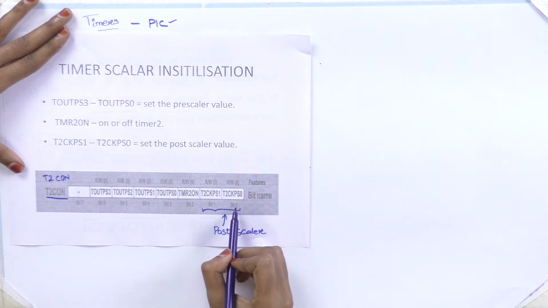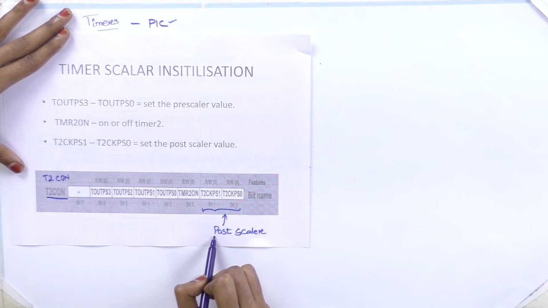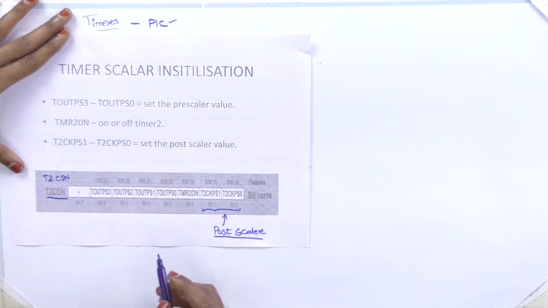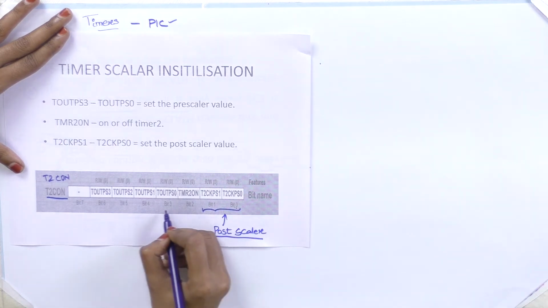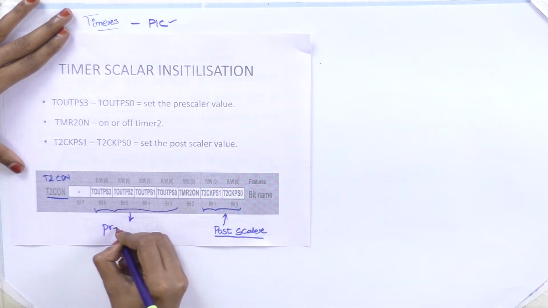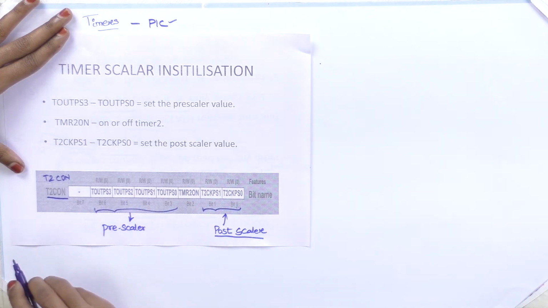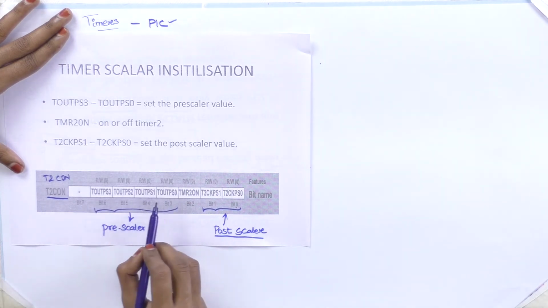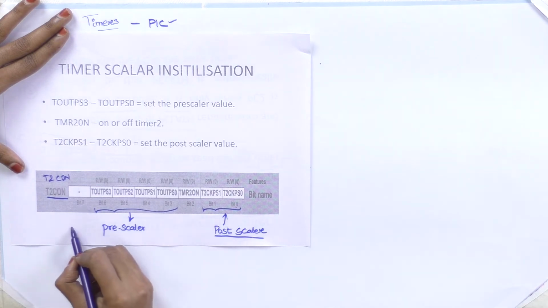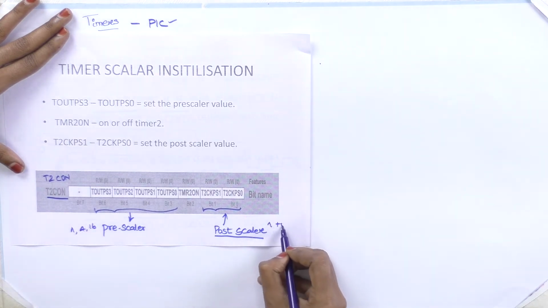Then bit number 3 to bit number 6 are used to set the pre-scalar value. When we give a value to this register, you can set the pre-scalar value, either 1, 4 or 16. So this can be from 1 to 16.